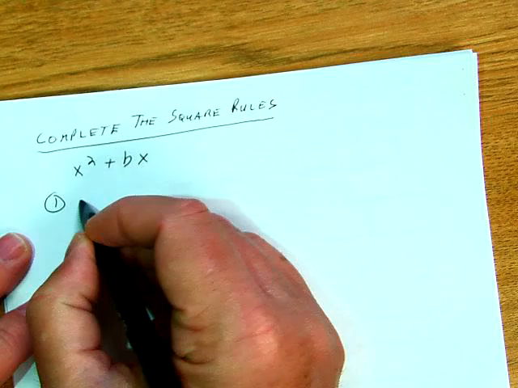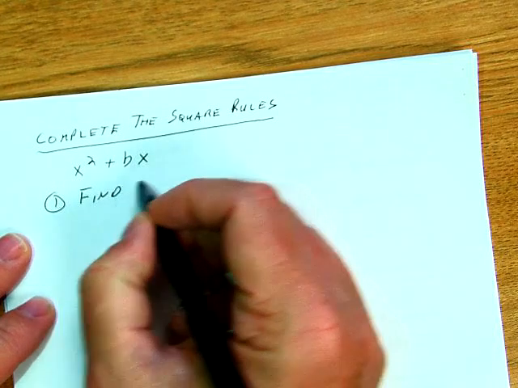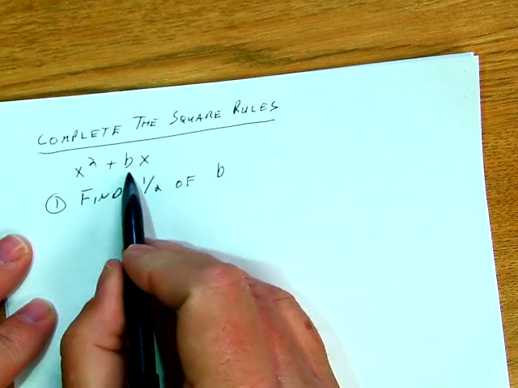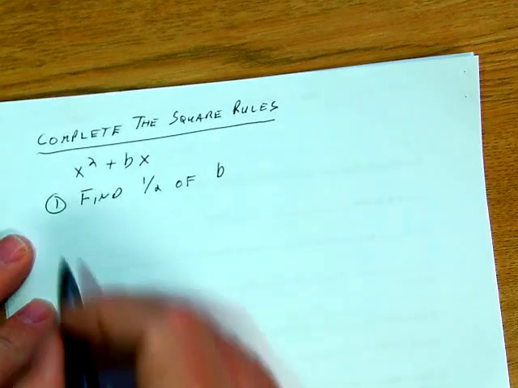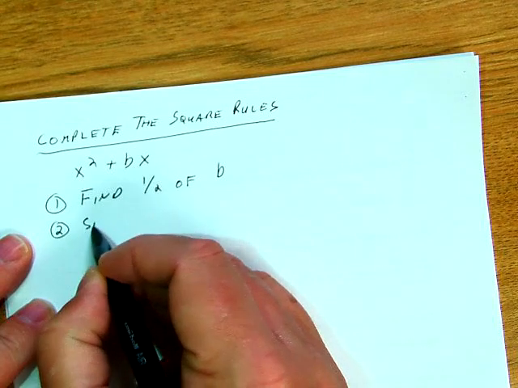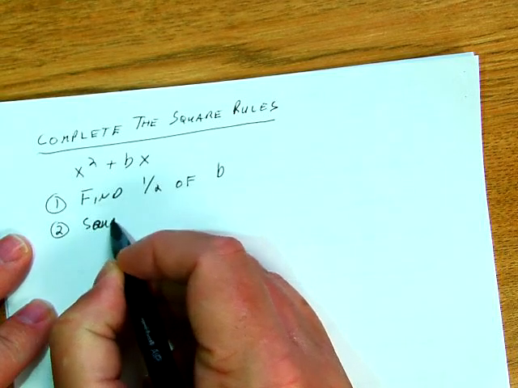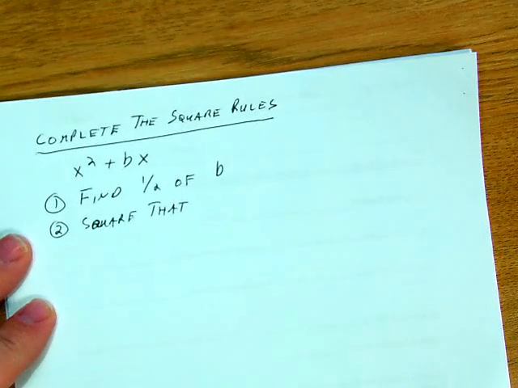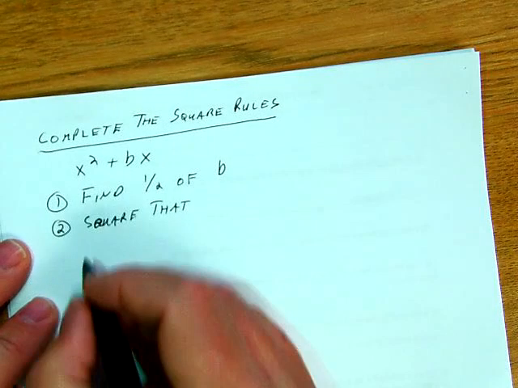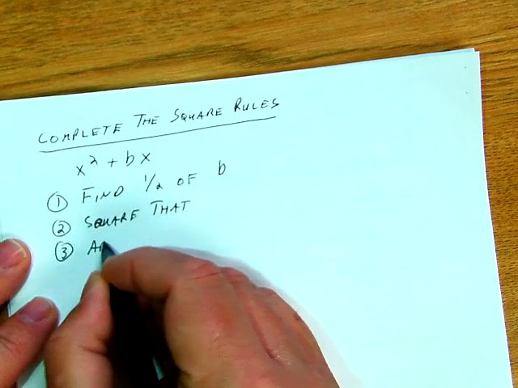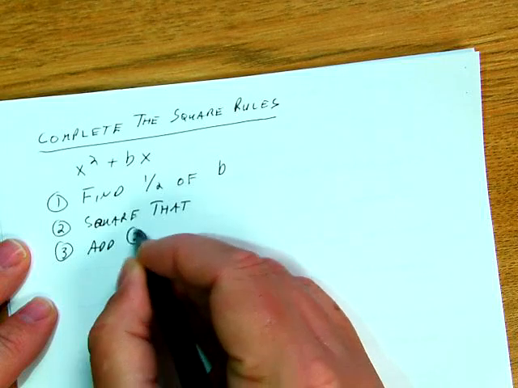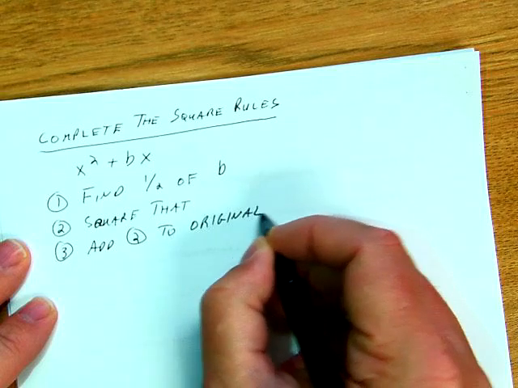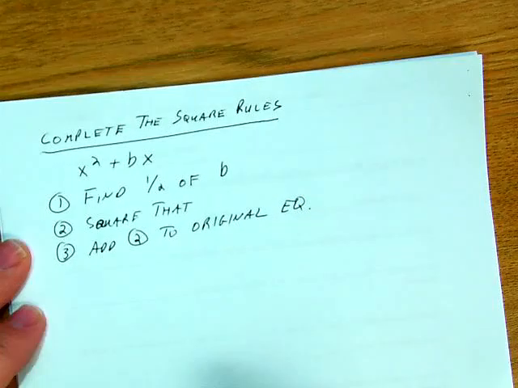First thing you do is you find 1/2 of b. You then square that. And then add the result from number 2 to your original equation.